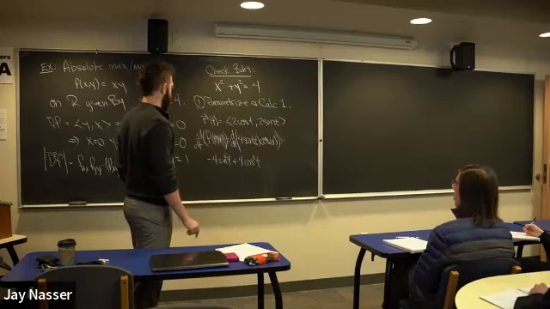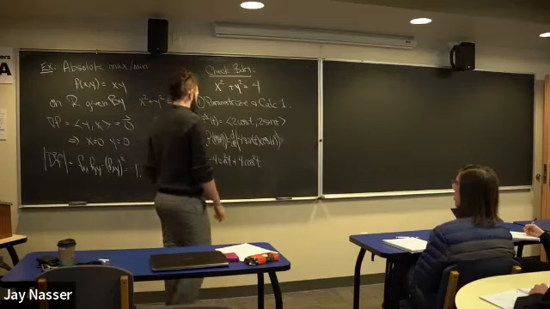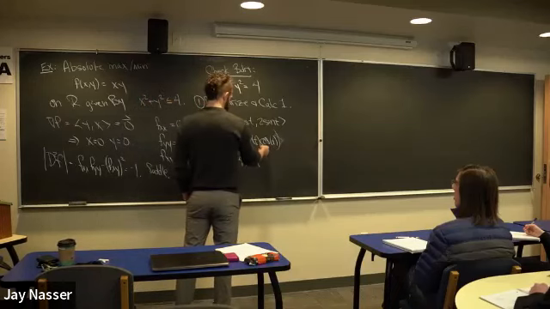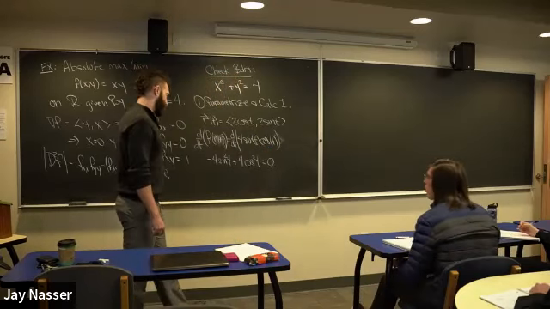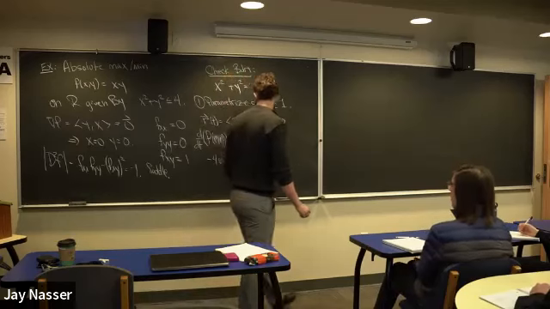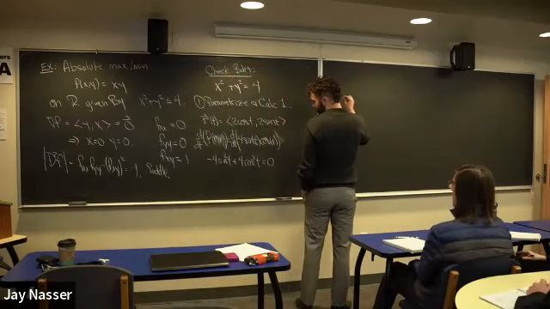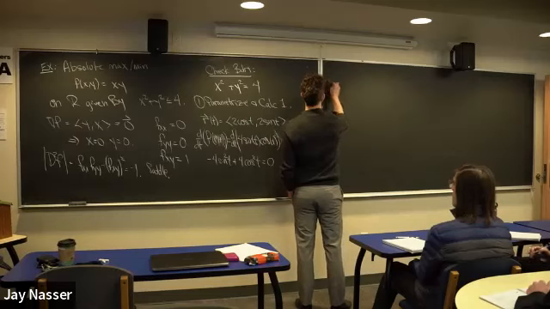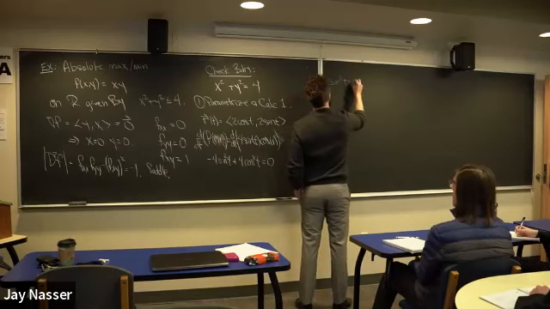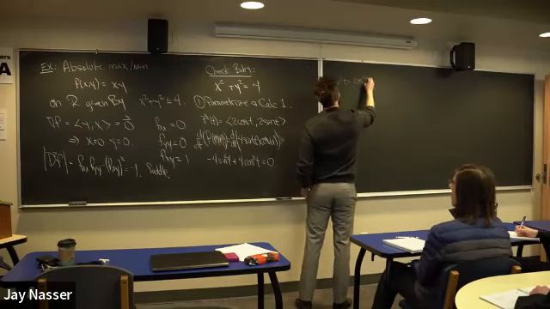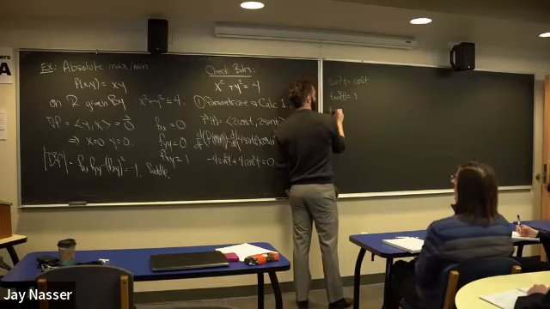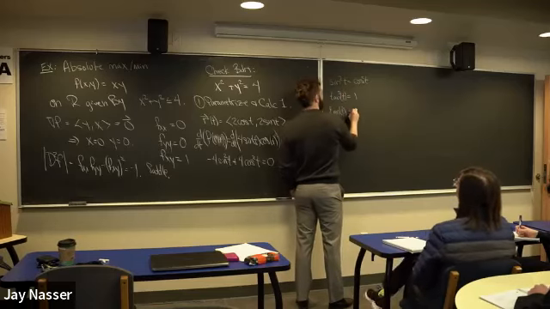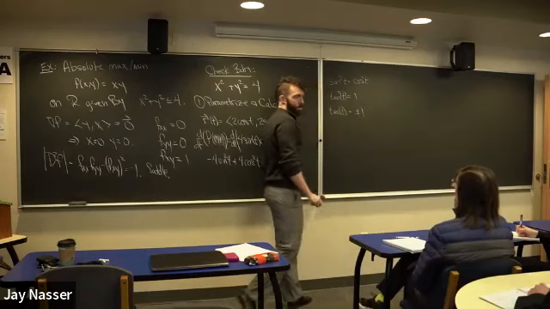Did I do this right? Yes. Want to check where that's equal to 0. And what are we going to have? We're going to have sine squared t equals cosine squared t, or tangent squared t equals 1, so tangent t is plus or minus 1.